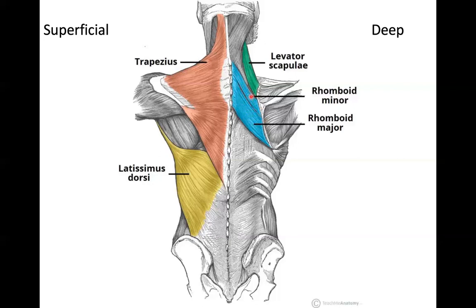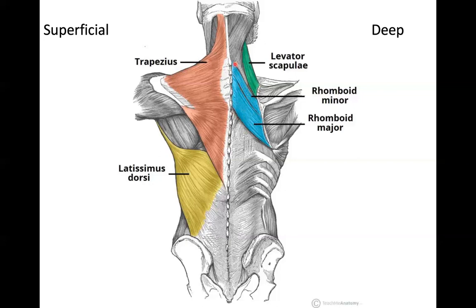We see the same pattern here as with teres minor and teres major. That is, for both the rhomboids and the teres muscles, the minor is smaller and superior, major is bigger and inferior. So the smaller, superior one is rhomboid minor.